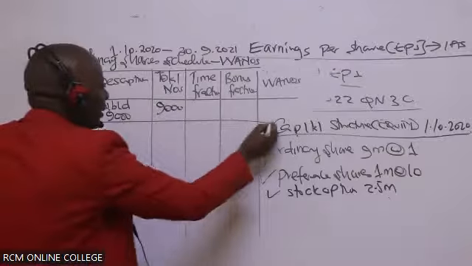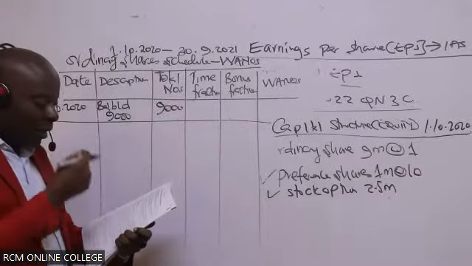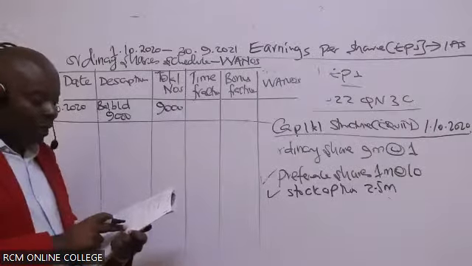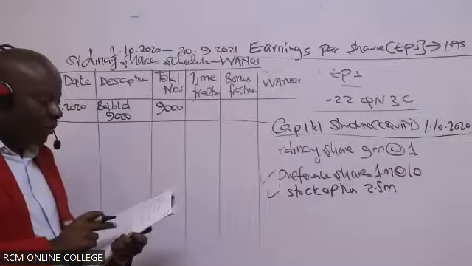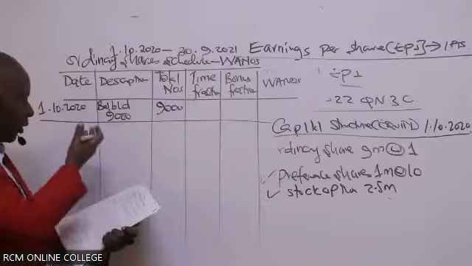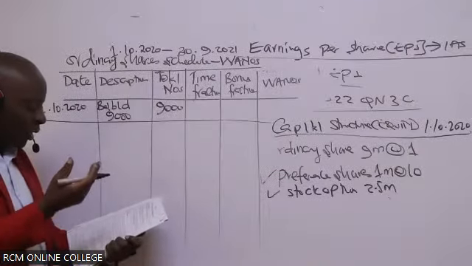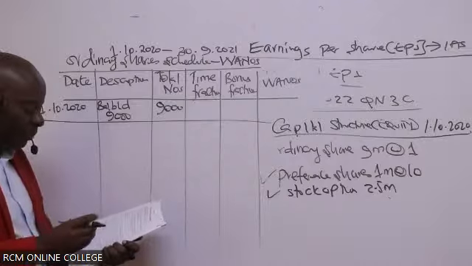When things happened, if you read the next paragraph, it is talking about stock options. Of course, the stock options, ladies and gentlemen, will not fall here. The next paragraph is talking about profits. That cannot fall here. Go to the transactions that took place in the year ended 30th September 2021.